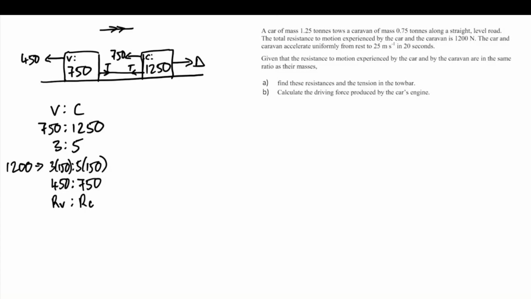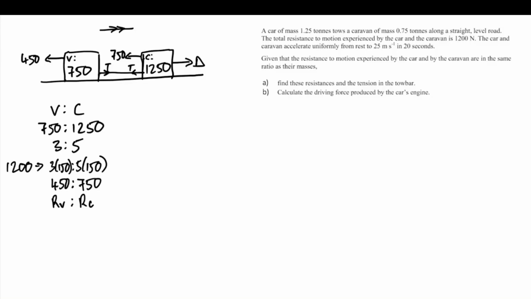From here, we should actually be ready to try and find some of the other unknowns. We were given some other information that I could make use of. It's the last sentence in the first paragraph. The car and caravan accelerate uniformly from rest, from a zero velocity, to 25 meters per second in 20 seconds.